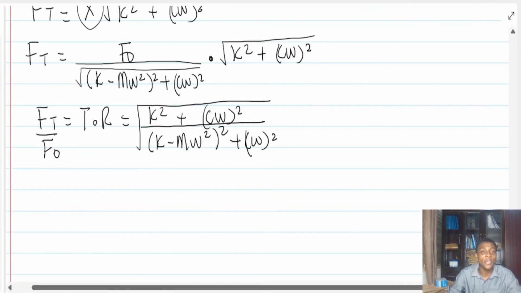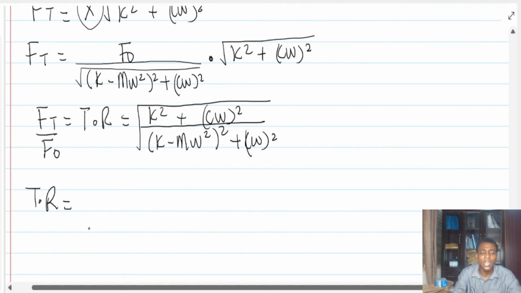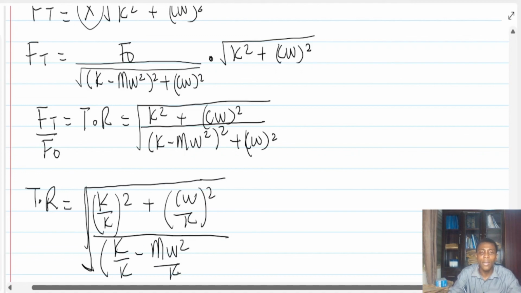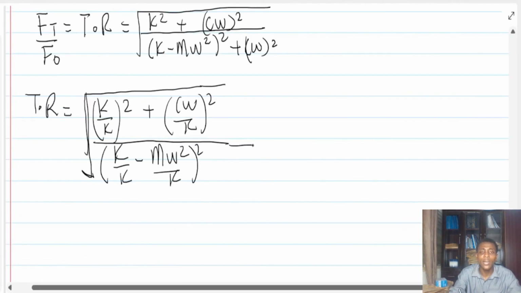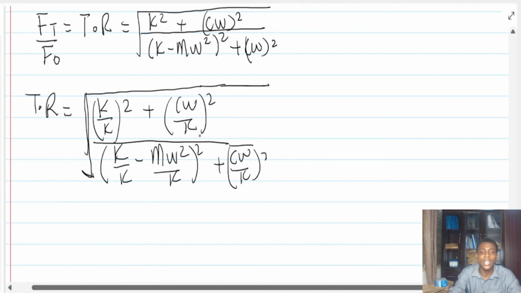Again, I like playing around with equations. So let's play around with this equation again. If I divide through by k, I'm going to get (k over k) squared plus (c omega over k) squared, divided by (k over k minus m omega squared over k) squared plus (c omega over k) squared, and then I'll square all this under the root sign.